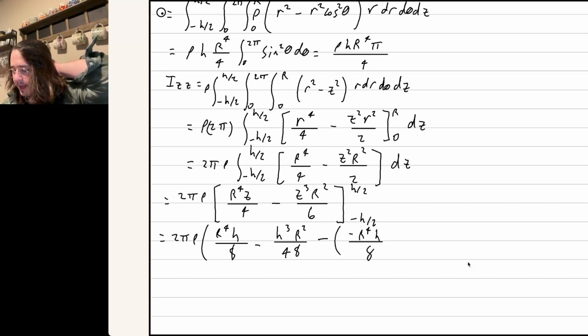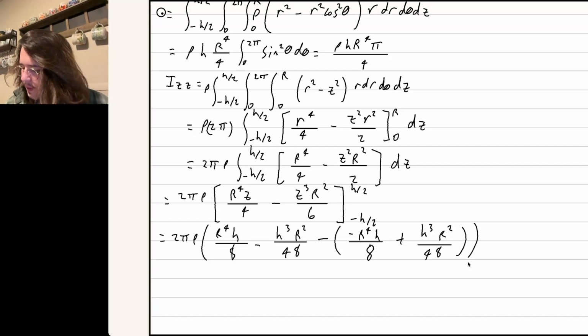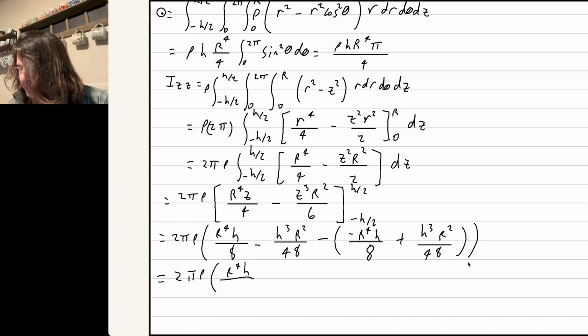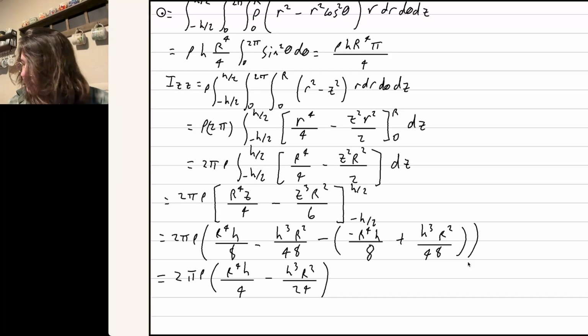So it looks like we're just adding these together. Plus h third r squared over 48. Adding them up, you're going to have r fourth h over 4 minus h third r squared over 24. And that's what we have to set equal to Ixx.